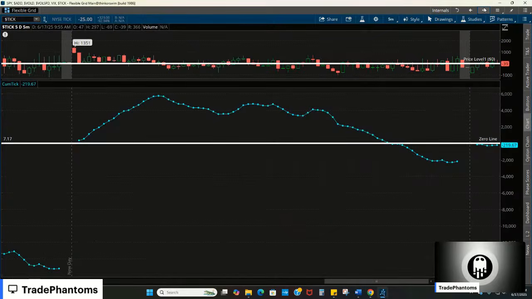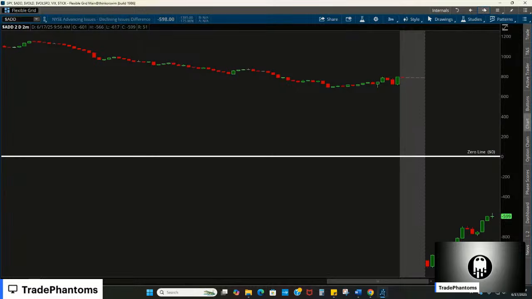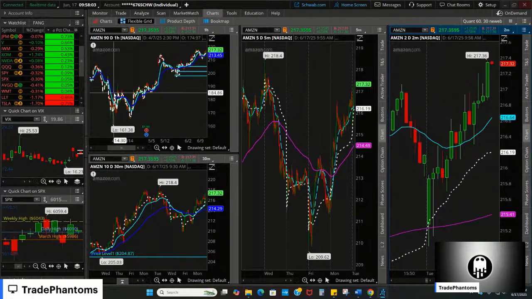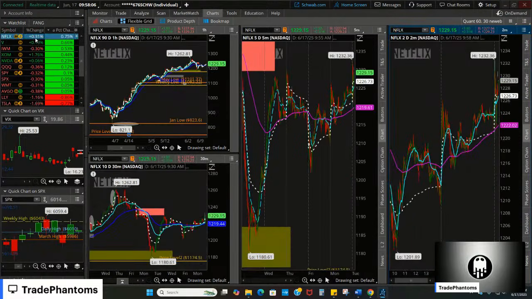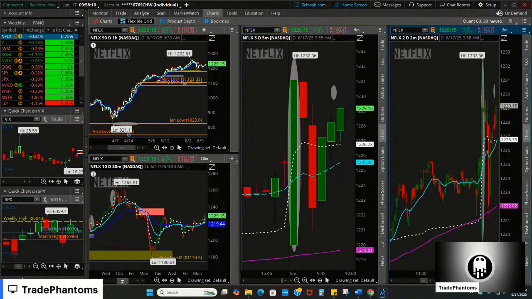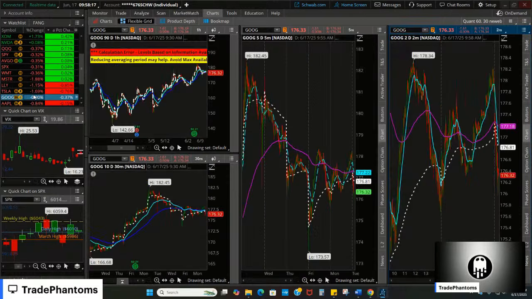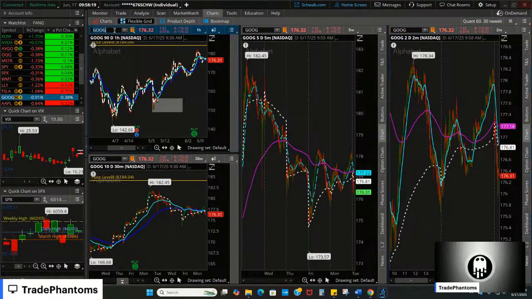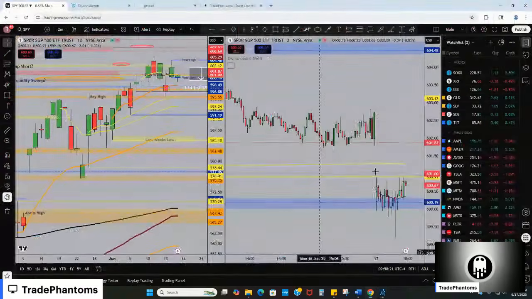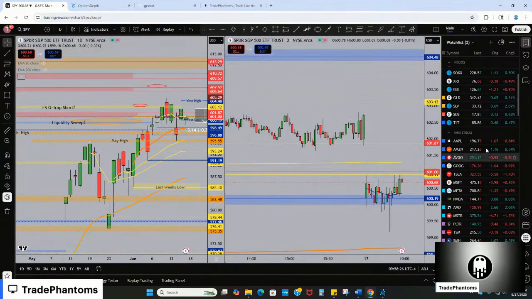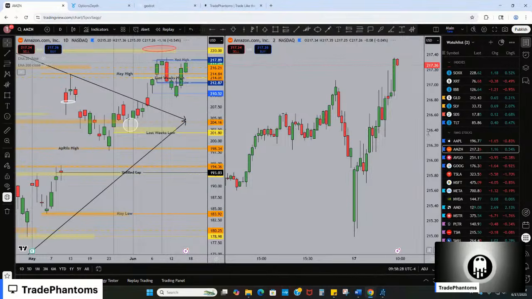VIX back down in a downtick near its lows. Amazon new high. Netflix trying. SPY's a little annoying.